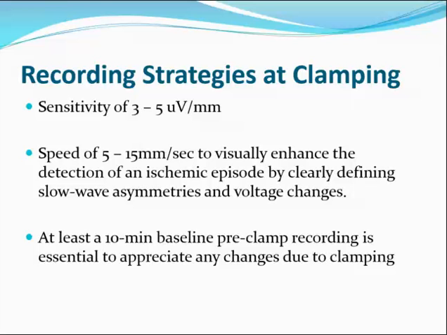The speed, you want it to be between 5 to 15 millimeters per second to visually enhance the detection of an ischemic episode by clearly defining slow wave asymmetries and voltage changes. At least a 10-minute baseline pre-clamp recording is essential to appreciate any changes due to clamping.